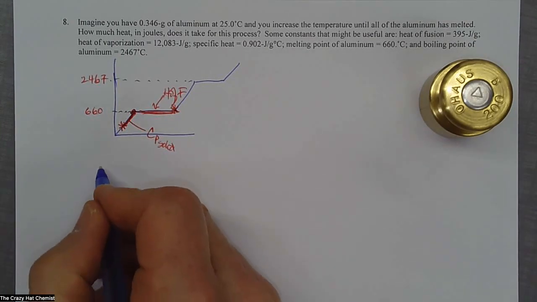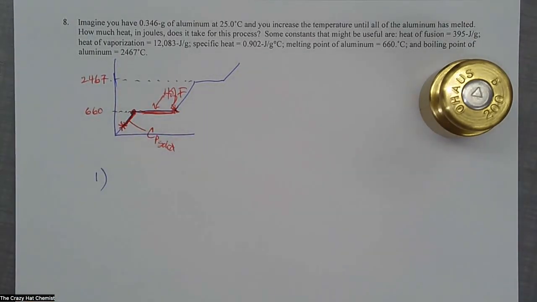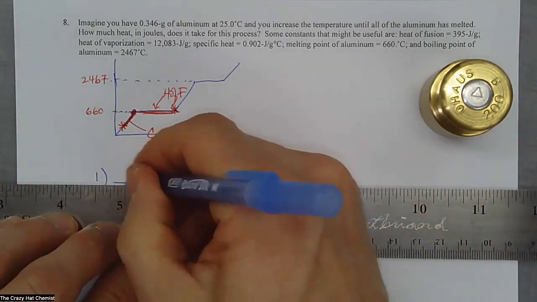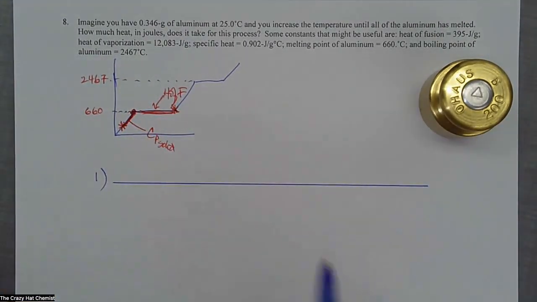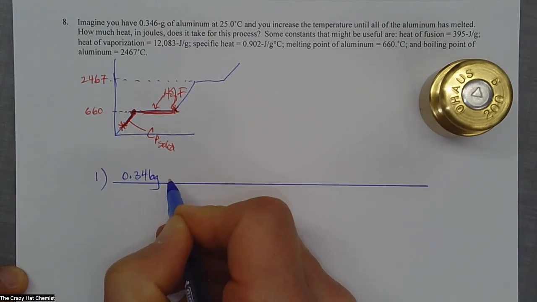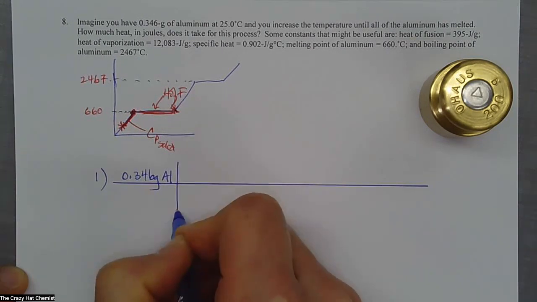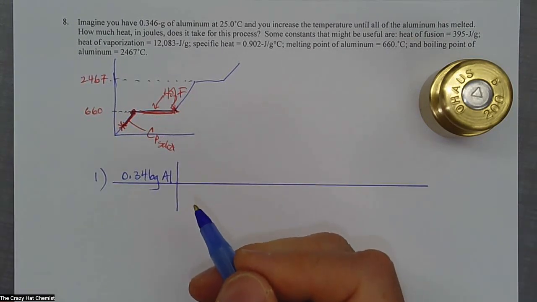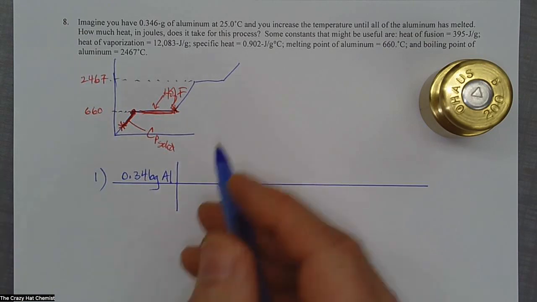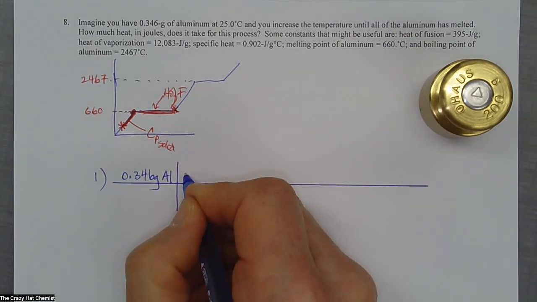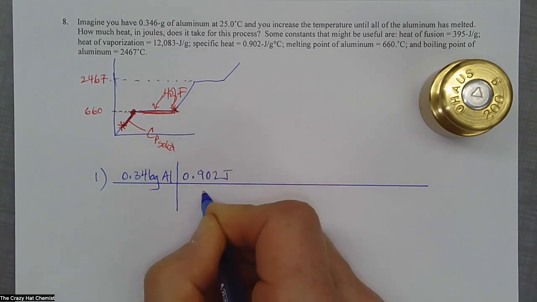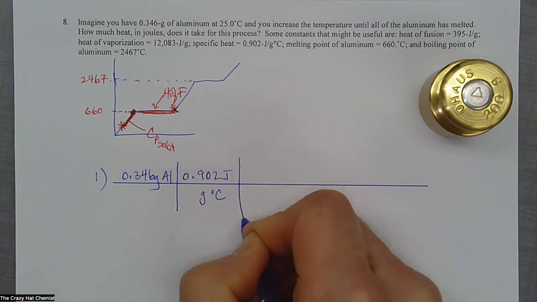Okay, so step number 1. Here we go. We got 0.346 grams of aluminum. And we got a specific heat capacity for aluminum for the solid, and that's 0.902 joules per gram degrees Celsius.